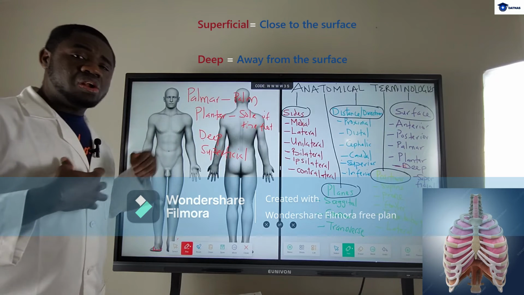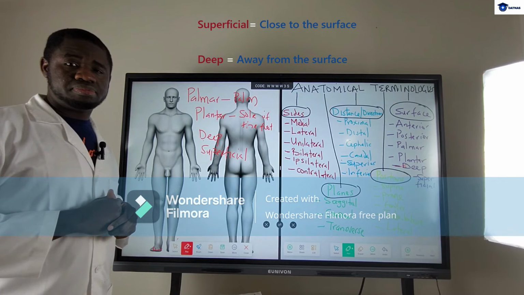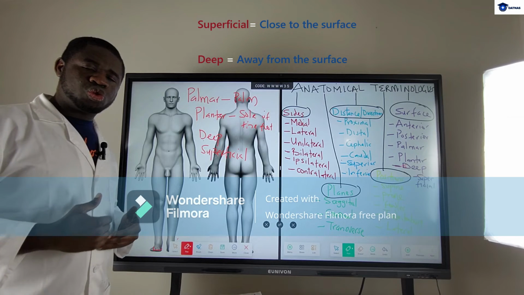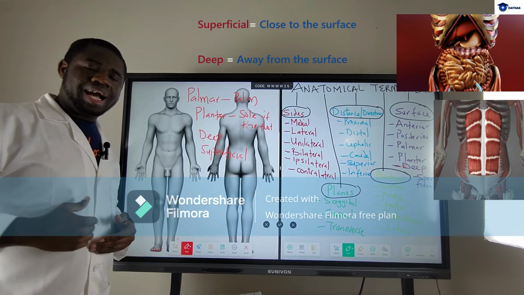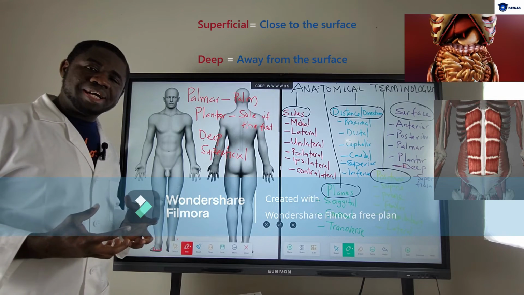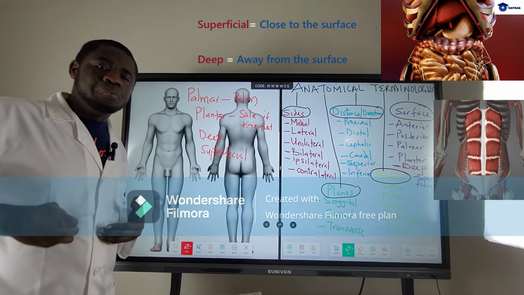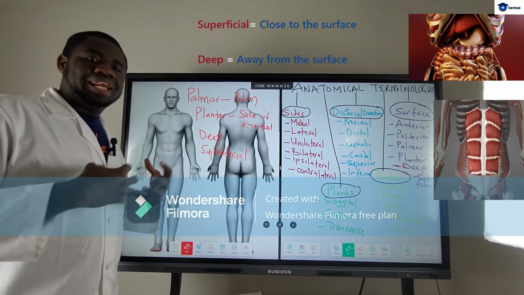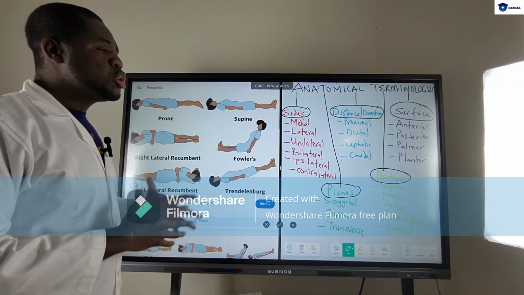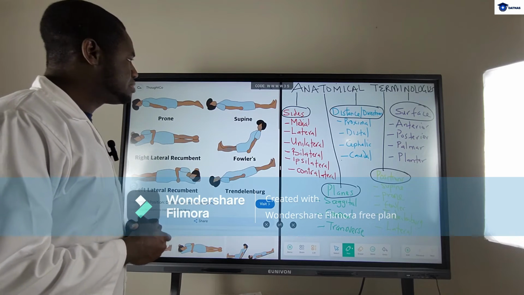That is, the lungs are far away from the surface. Look at the stomach and the abdominal muscles. The stomach lies deep in the abdomen, while the muscles of the abdomen lie superficial. It's those terms that relate to the body position.